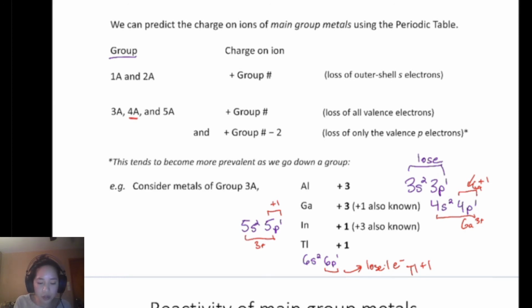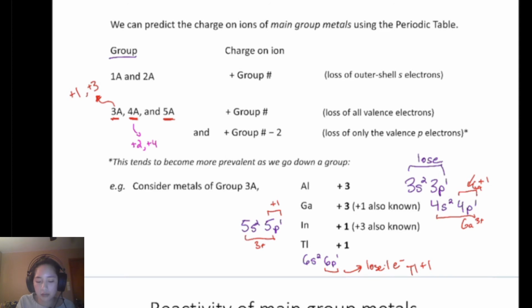But this trend also happens in group 4 and group 5. So maybe I will summarize this. For the third group, we can have either a +1 or a +3 charge. For group 4, we can have a +2 or a +4 charge.